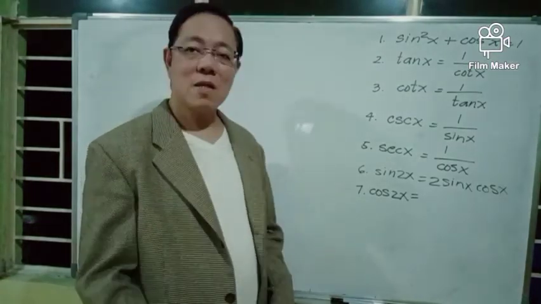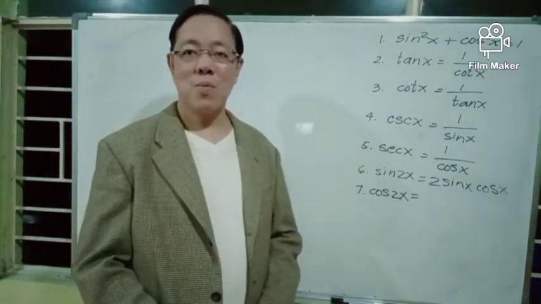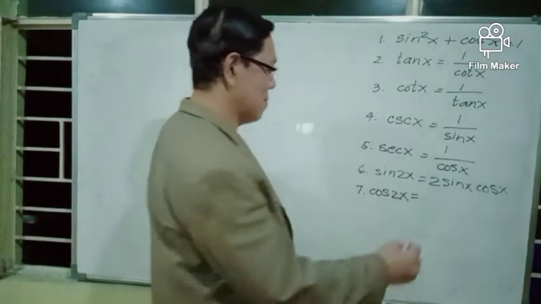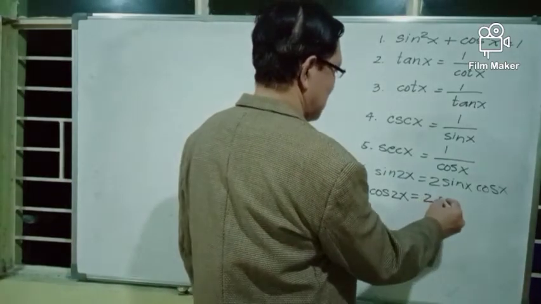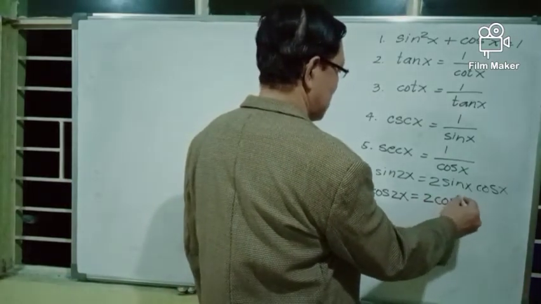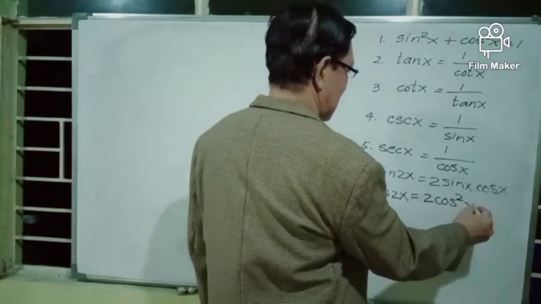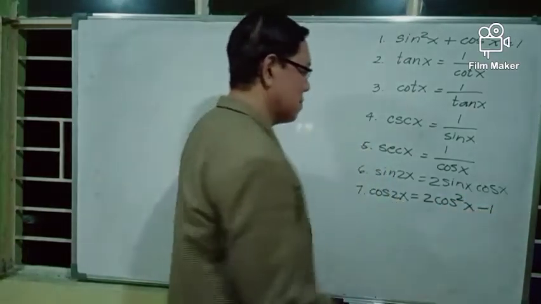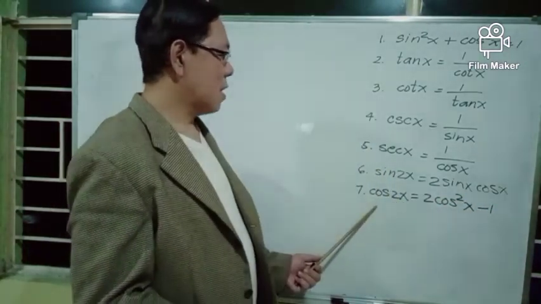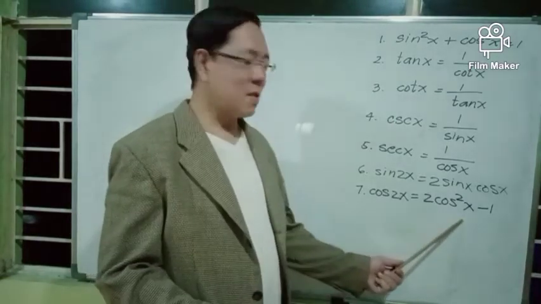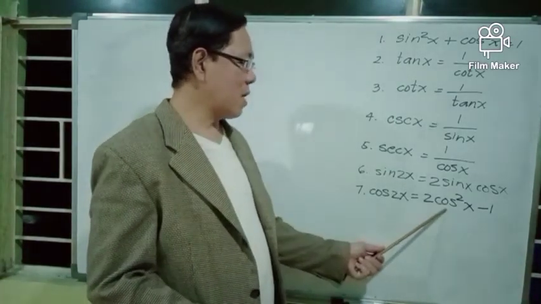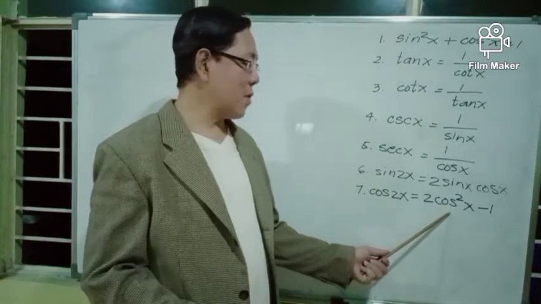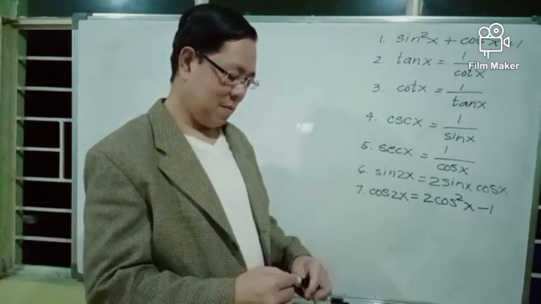Cosine 2x is equal to 2 times the square of cosine x minus 1. And from this trigonometric identity, we can derive another identity for cosine squared x.